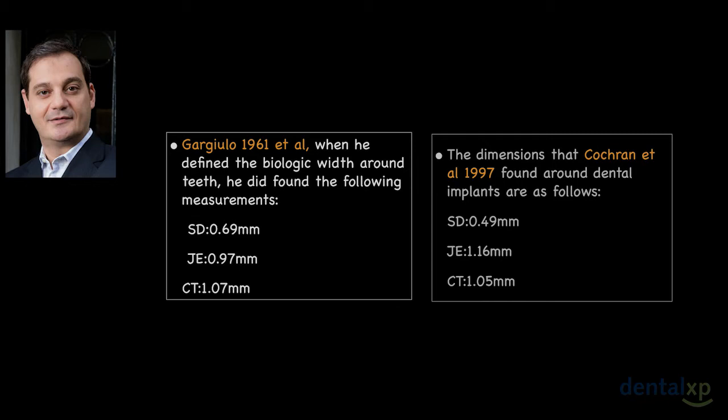We need a study like this to really exclude any doubt about platform switch: a split mouth, with one side that has no platform switch and one side that has platform switch, and we can see if truly this will lead to a reduction of the bone loss that takes place when the biological width is forming. So again, I caution you on believing all of these theories that quickly.